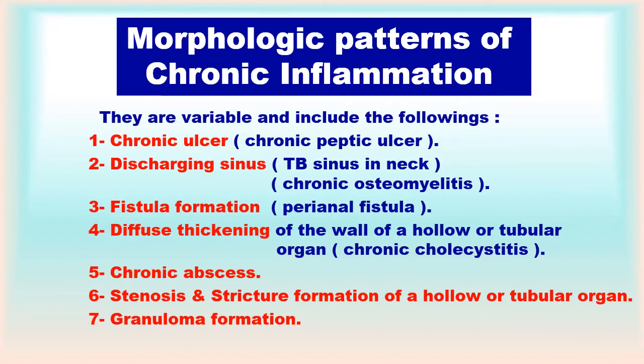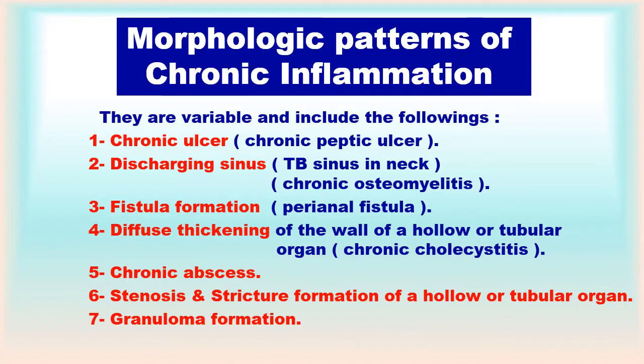Second, discharging sinus, as in the tuberculosis of cervical lymph nodes, with discharging tuberculous sinus in the neck, which discharges caseous material, or a chronic osteomyelitis, which is a chronic inflammation of the bone with discharging sinus opened to the skin, which discharges pus material.